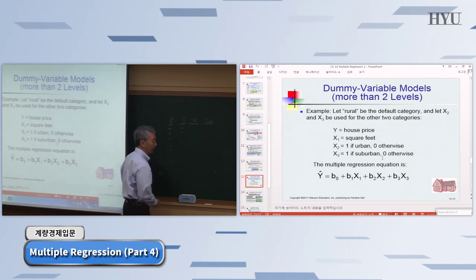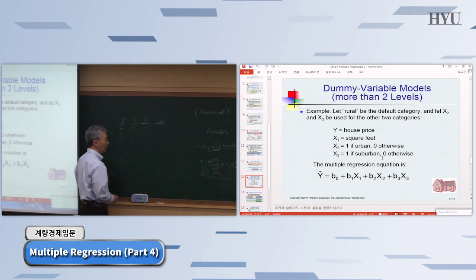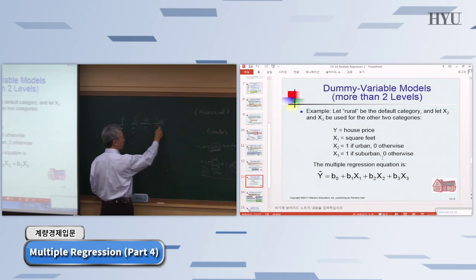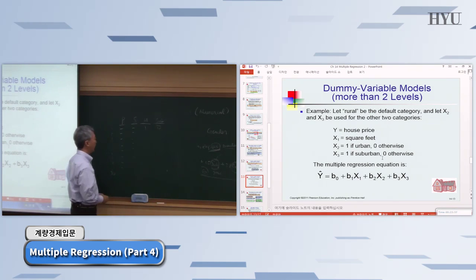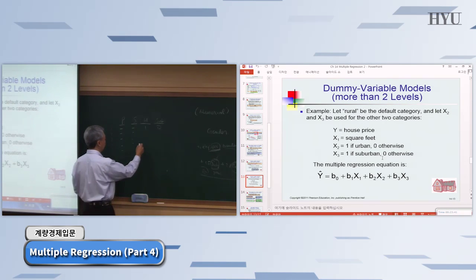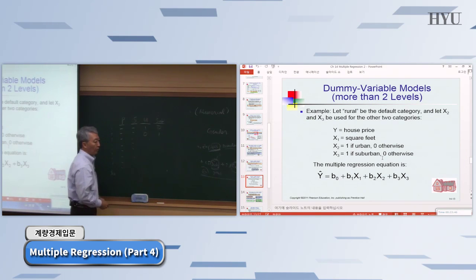And then the location of the first house, suppose it was within the urban area, then you're going to assign 1. And of course this will be 0 because it's not suburban. The second house, suppose it was in the suburban area, then it's going to be 1, 0. What about the houses in the rural area?